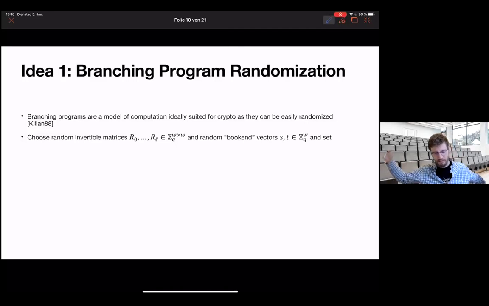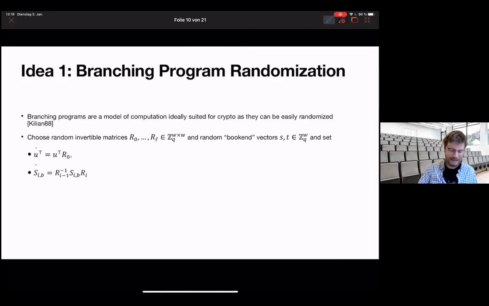So we choose as many as the branching program is long, plus 1, and random so-called bookend vectors S and T, and we set first some utility, U transpose, to be U transpose times R0.